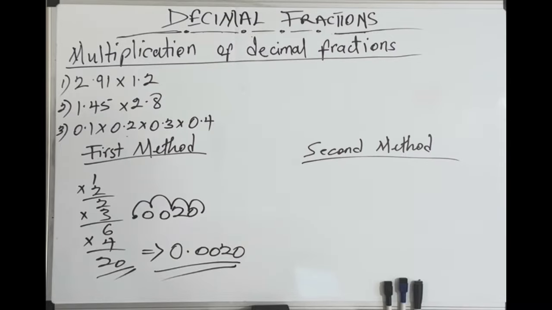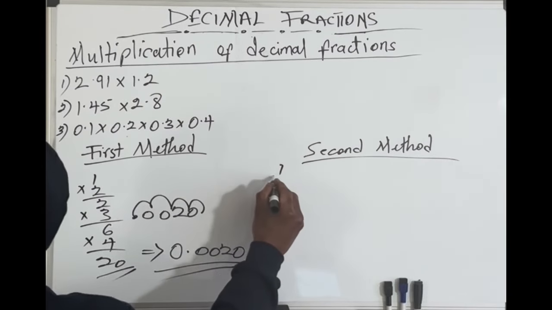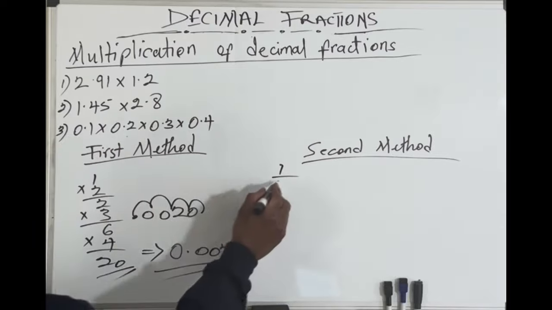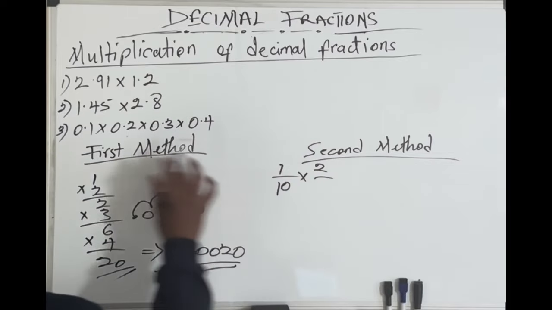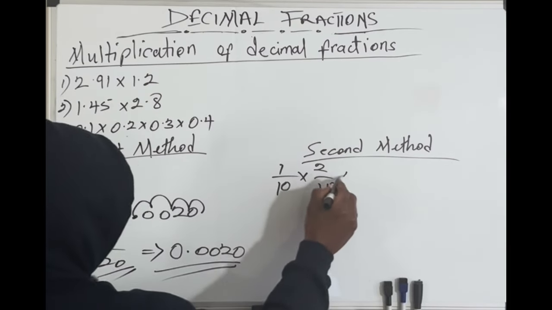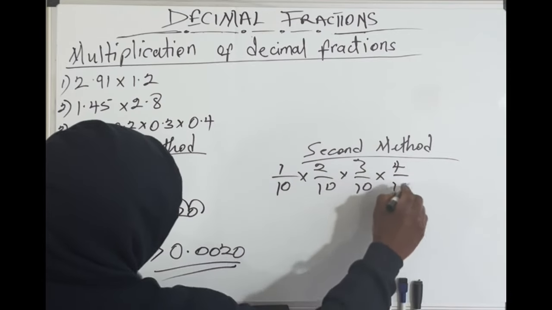Okay, let's use the second method and see if we arrive at the same answer. So 1 over what? 10 times 2 over what? Another 10. It continues. 3 over 10 times 4 over 10.